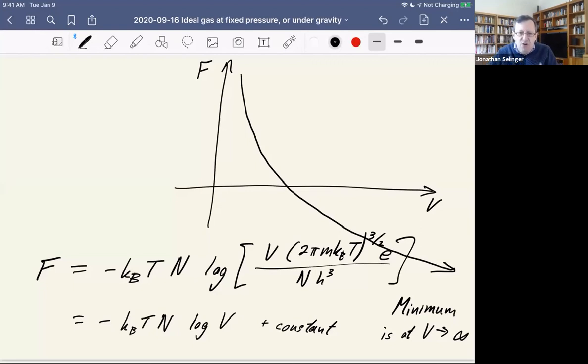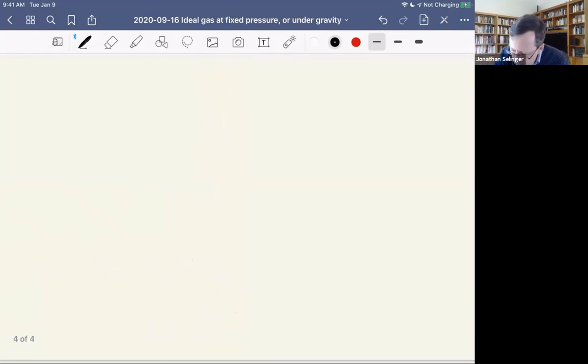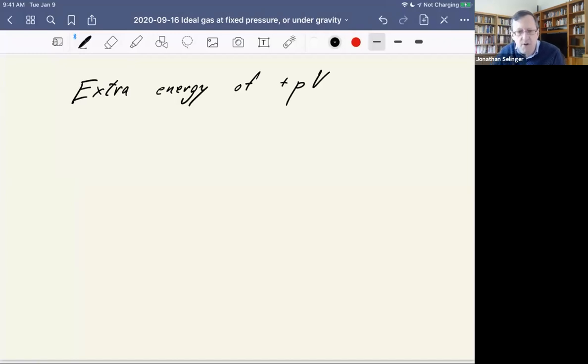something extra that goes into the free energy. That is the energy of pushing against the pressure. There is some extra energy of plus pressure times volume. That is something which resists this expansion.